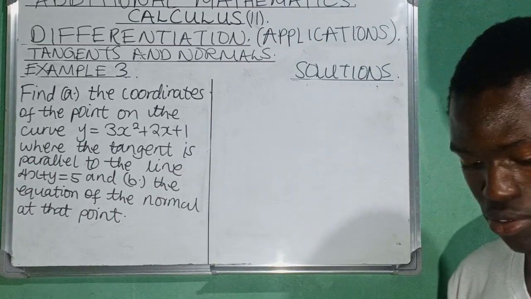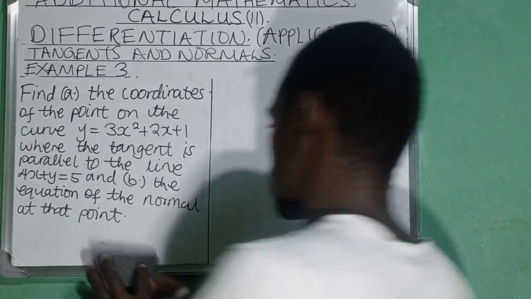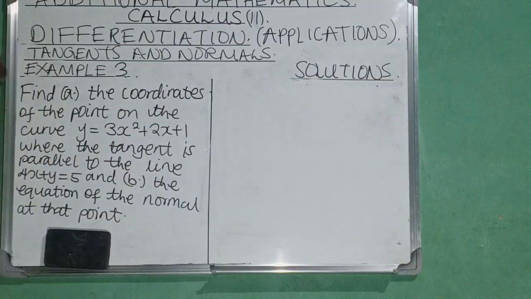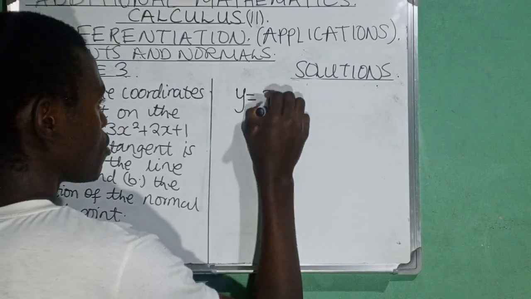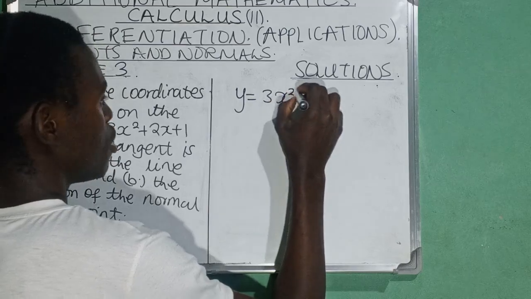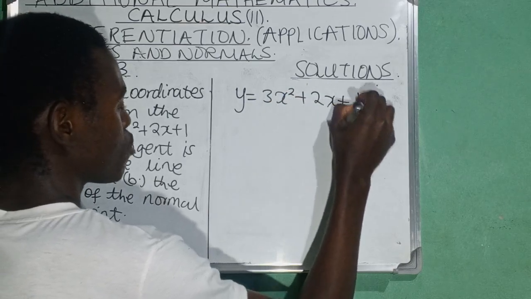So what we need to do first of all is to write the curve that we have been given. I've been given this particular function, which is y is equal to 3x squared plus 2x plus 1.